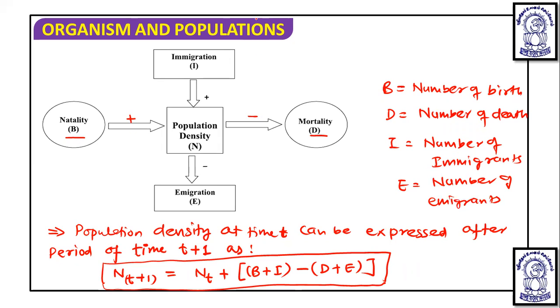Okay, like this, the population density fluctuation, increase or decrease, can be measured by these parameters, or population growth can be determined. So that is all about population growth.